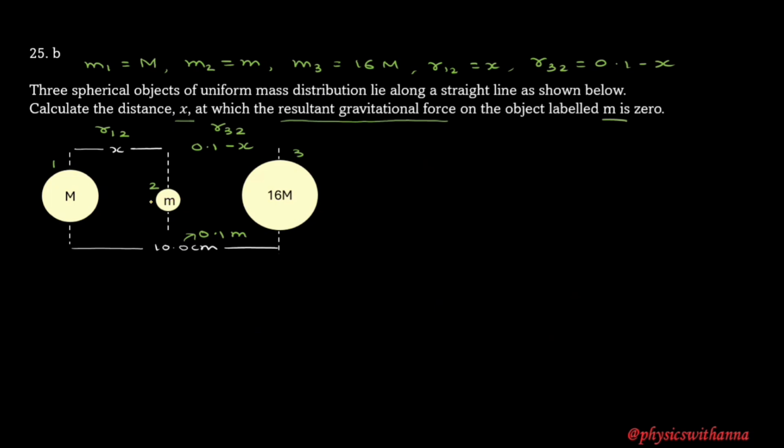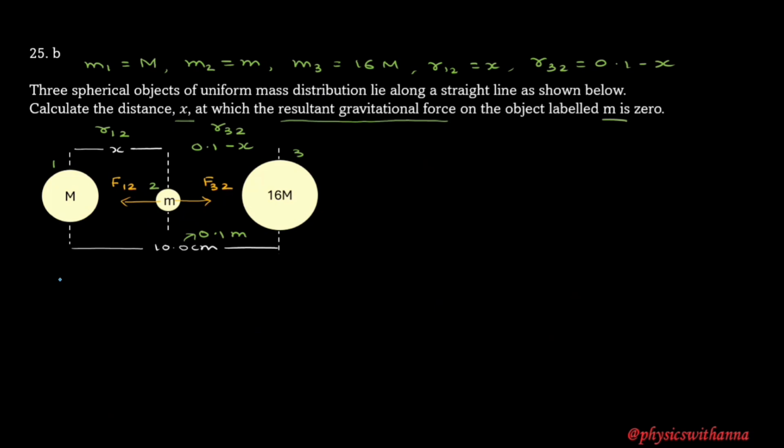So here there are two forces acting on mass 2. First, the gravitational force of attraction because of mass 1, and mass 1 will try to pull mass 2 to the left, and we can write this force as F12. Then we have the gravitational force of attraction because of mass 3, which will try to pull mass 2 to the right. We will write this force as F32. And if the net force on mass m has to be 0, that means the magnitudes of these two forces must be equal and they must point opposite in direction.